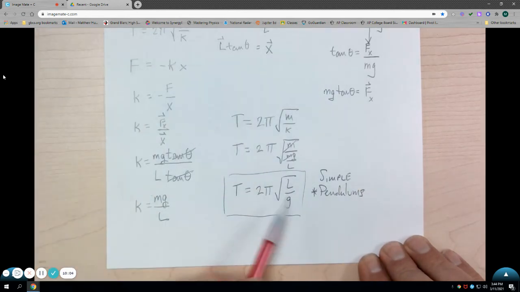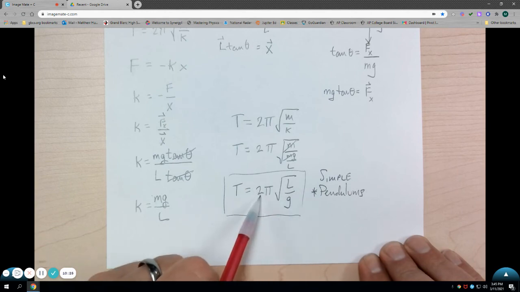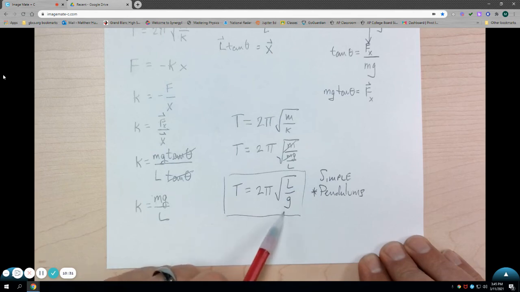The L is the length of the pendulum in meters. g is the acceleration due to gravity, which you can round off to 10, or you can use a more exact value. Or if you were elsewhere in the universe, it might be a different value. So here you go. That's why the length matters, but seemingly there's no x in here. The displacement doesn't matter. If you pull it further to the side, it doesn't seem to affect the period a whole lot. The mass doesn't seem to matter either.